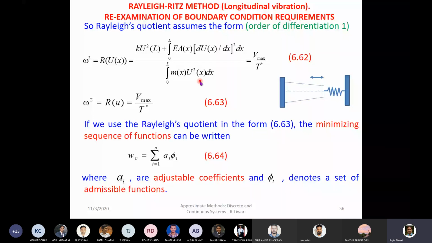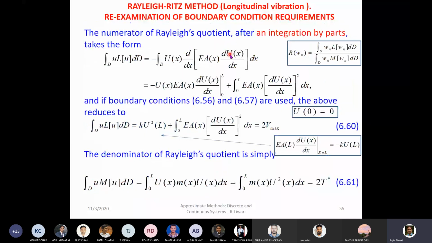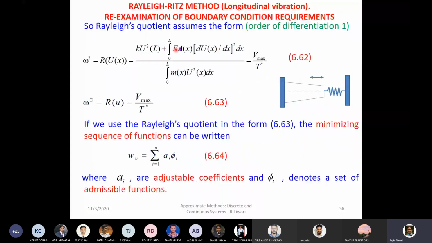So this is the new Rayleigh's quotient. Now if you see here, the differentiation order of the u is single. In the original form, on the previous slide, the differentiation of the u was 2. So by doing the integration by parts, we were able to reduce the order of differentiation requirement of the function by 1.